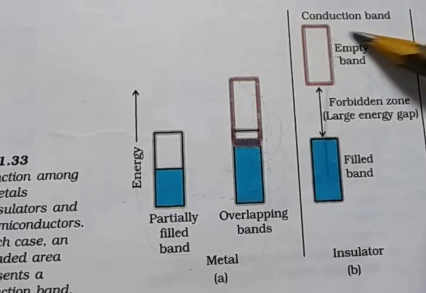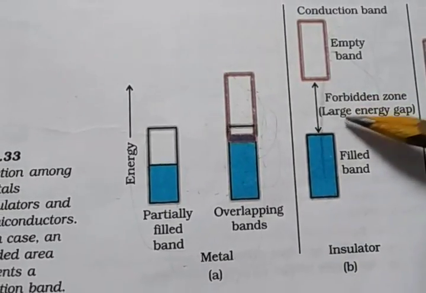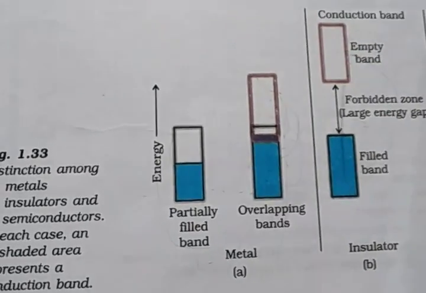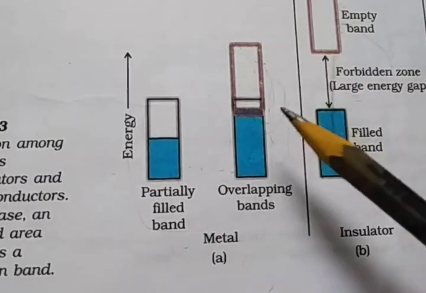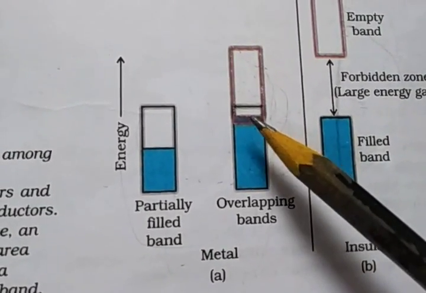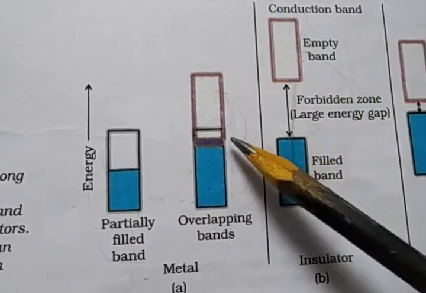Such a substance has very small conductivity and behaves as an insulator. In simple language, in metal the space is smaller; otherwise we call it the forbidden zone.